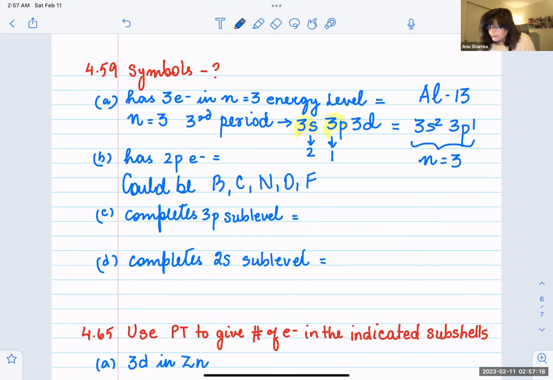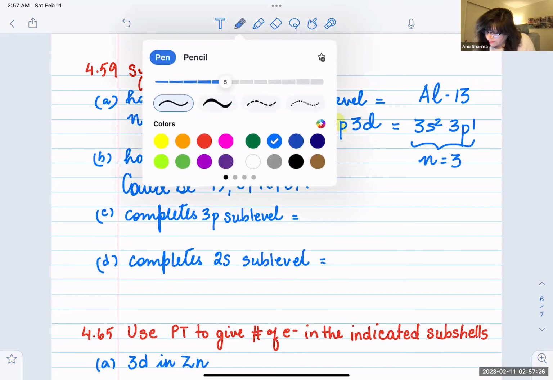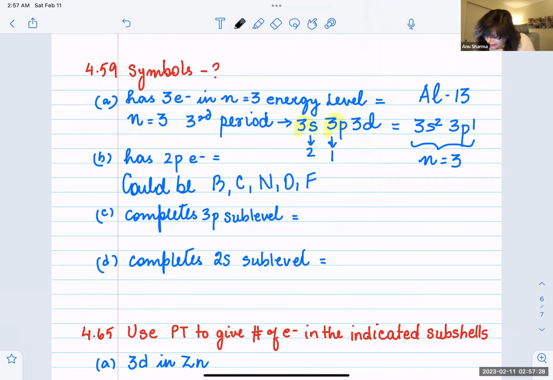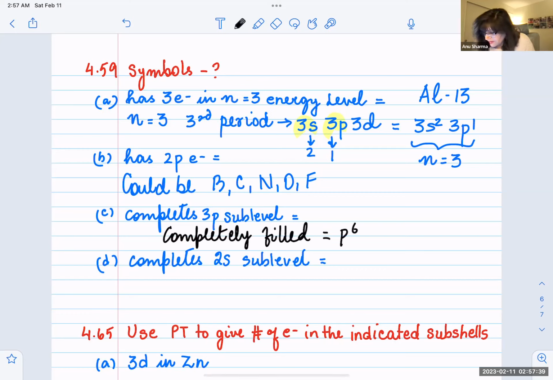Next is completes the 3p sublevel. So which orbital completes 3p, completely filled? Completes 3p means sublevels, subshells, completely filled. And when we say completely filled, that means we are looking at p6. So 3p6 basically.